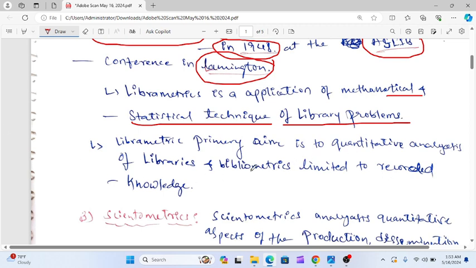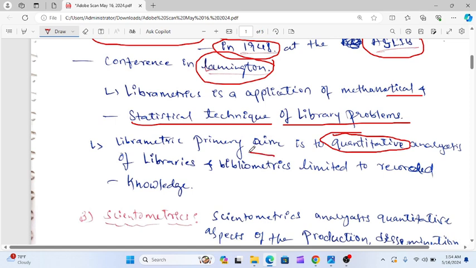Librametrics is not limited to any specific document, but is a study about libraries and library statistics: how many journals and books you have, and how much usage.